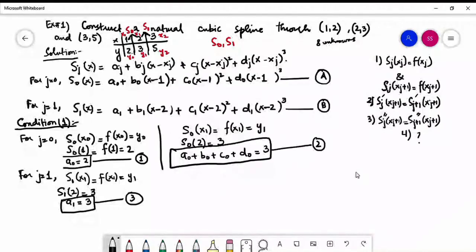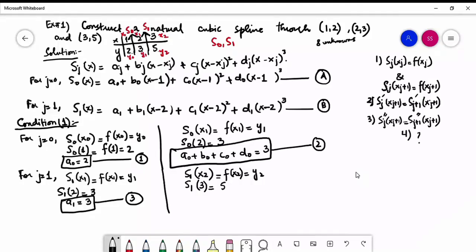And also, for j equals 1, this condition Sj at xj plus 1, that means S1 at x2, j plus 1 is 2, is equal to f of x2. f of x2 is y2 and y2 is 5. So S1 of x2, x2 point is here given as 3 and y2 point is 5. If I replace x with 3 in equation B, then 3 minus 2 is 1, 1 square, 1 cube.